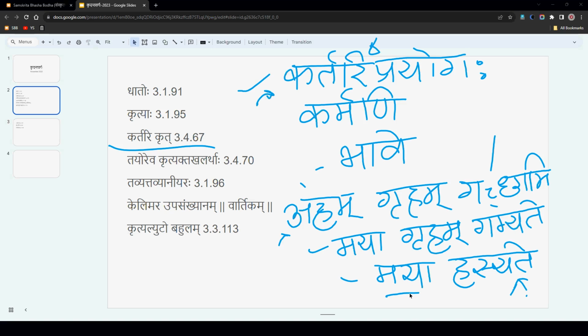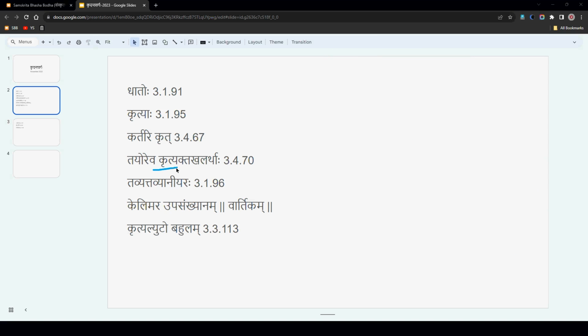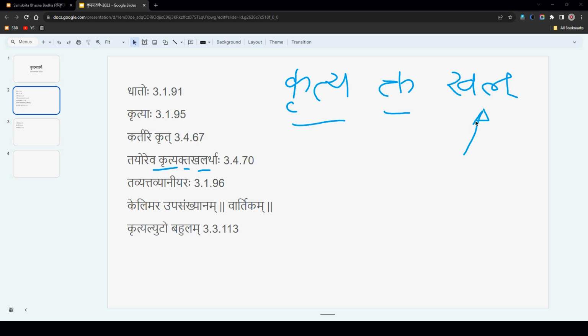Krutya, kta, and khal. So there are three different words there together. So these khal artha: krutya pratyayas, kta pratyaya, and the pratyayas which are applied in the khal sense.